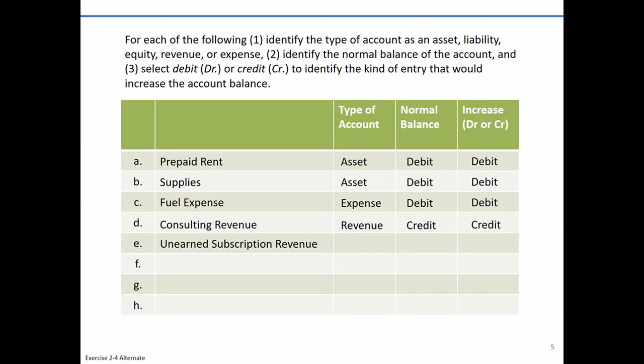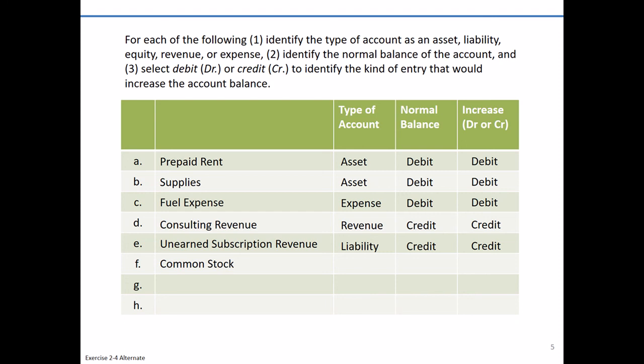Whenever that money's paid in, they can't record it as revenue because they haven't done anything yet. They've got an outstanding obligation to provide future papers, future magazines, whatever it is. Until the point they do, it's going to appear as a liability. Liabilities follow the normal right-hand rules of a normal credit balance and being increased with a credit. Since it's a liability, similar to our assets, it would appear on the balance sheet.